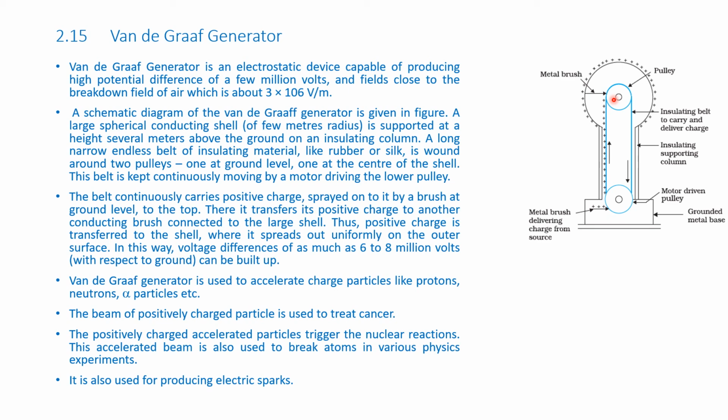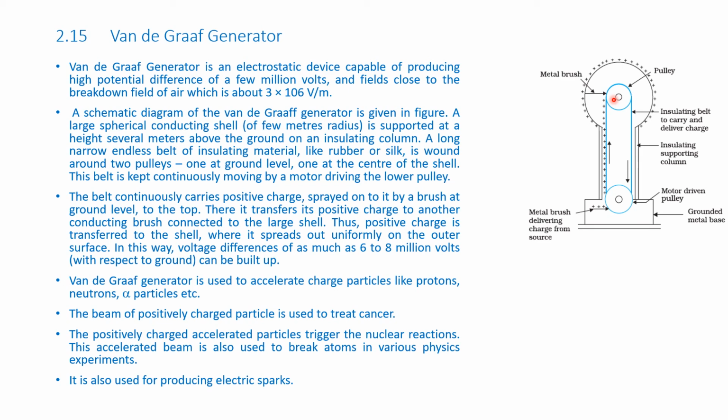So, I will repeat the contents of this slide under section 2.15. The Van de Graaff generator is an electrostatic device capable of producing a high potential difference. It is made up of a large spherical shell a few meters in radius, supported by insulating columns, and a narrow belt of insulating material.